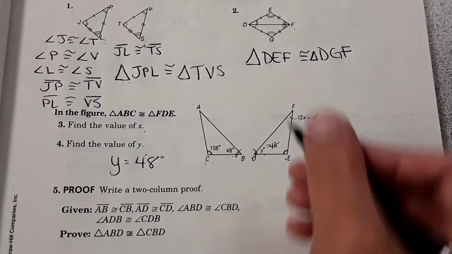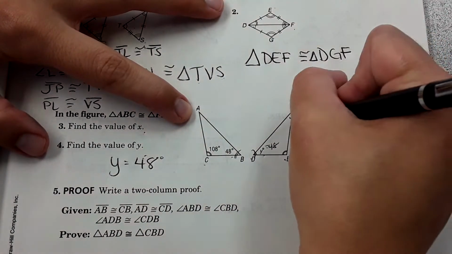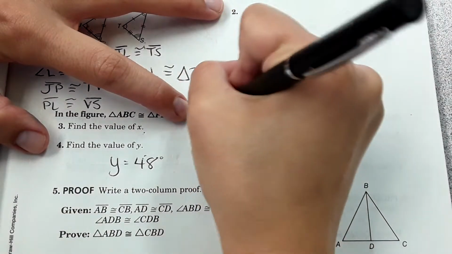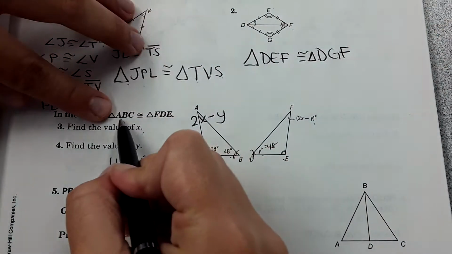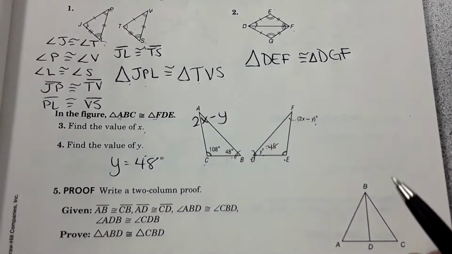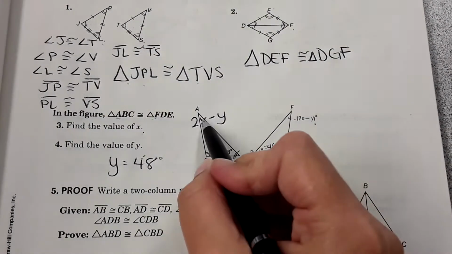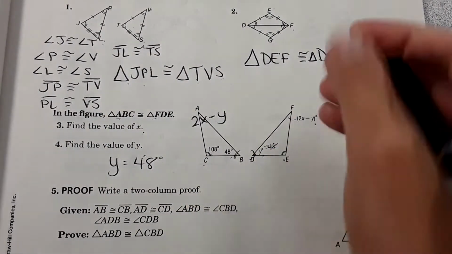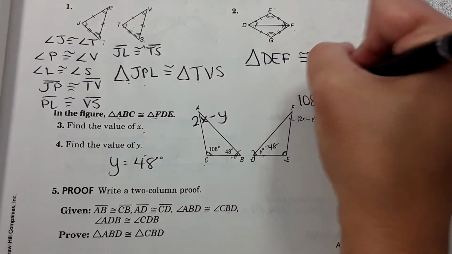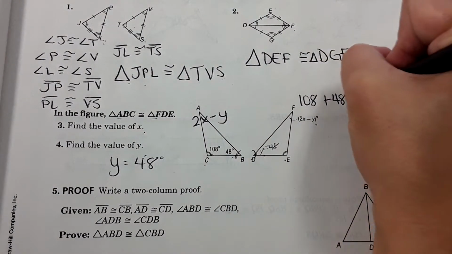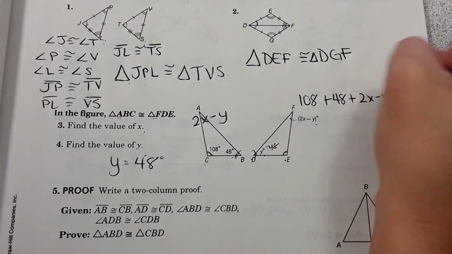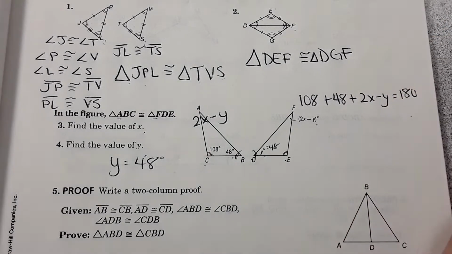And then finding x. So if this is 2x minus y, this one must be 2x minus y as well, because angle A is equal to angle F. Then these 3 angles add to 180. So I'm going to say 108 plus 48 plus 2x minus y equals 180.